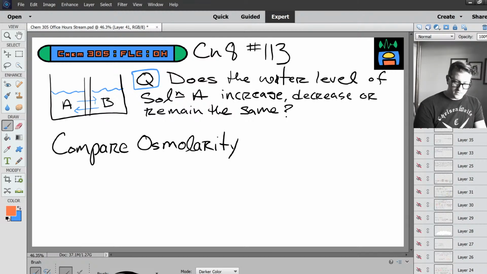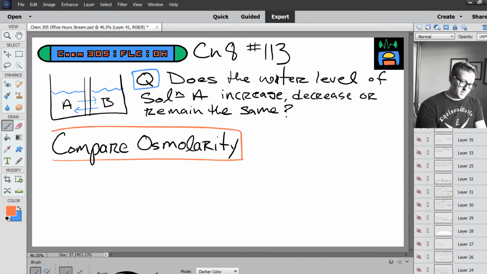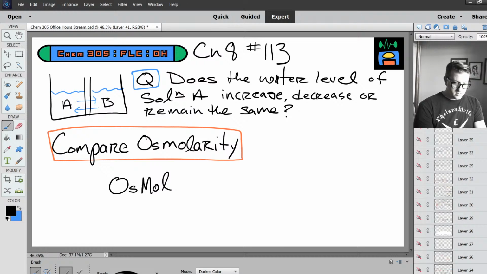This is how you solve this problem: you compare the osmolarity of each solution. There are three scenarios. If the osmolarity of A is equal to the osmolarity of B, the level in A will remain the same.